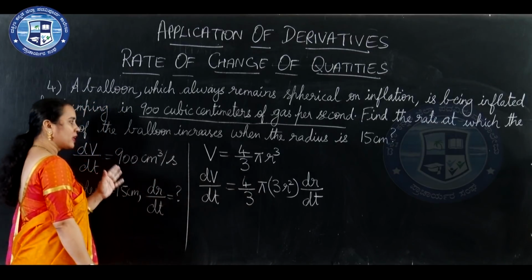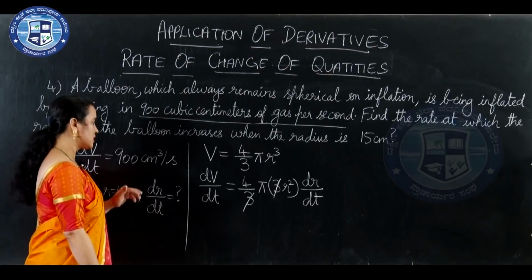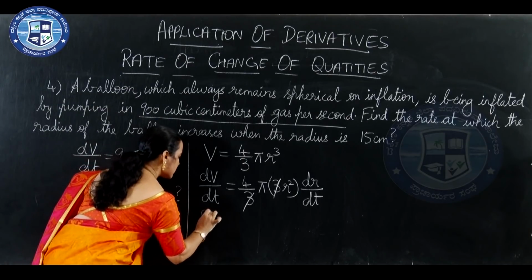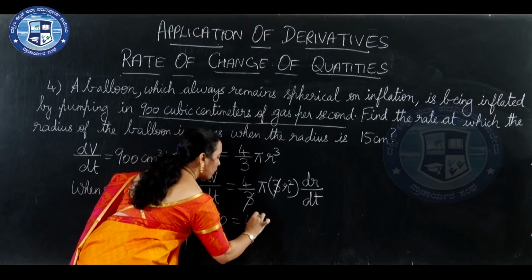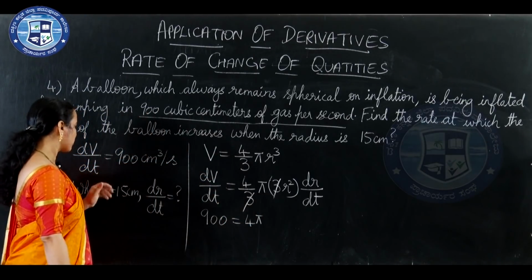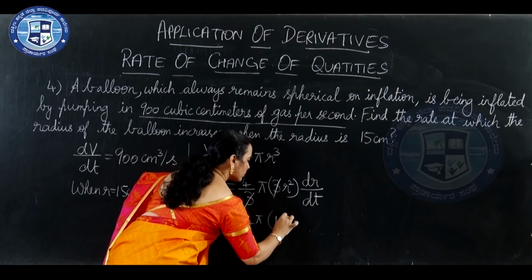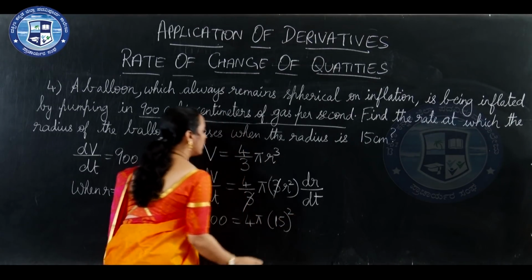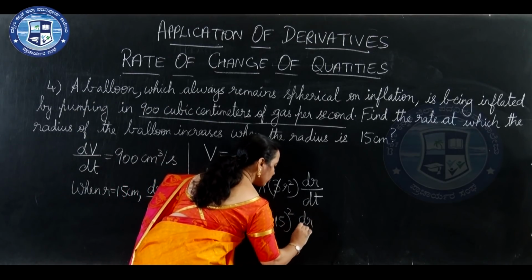Now, whatever is given, let us write that. 3 and 3 will get cancelled. dV by dt is 900 is equal to 4 pi, r is 15, so 15 square, dr by dt is what you have to find.